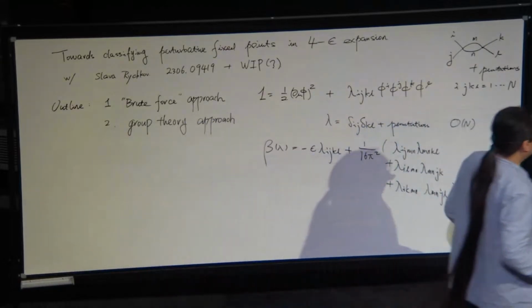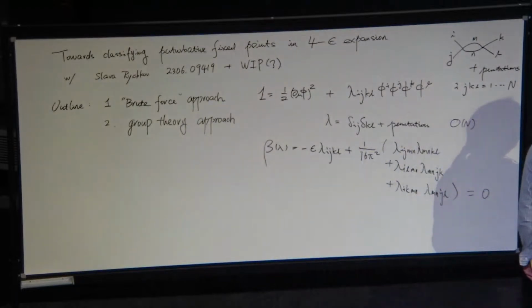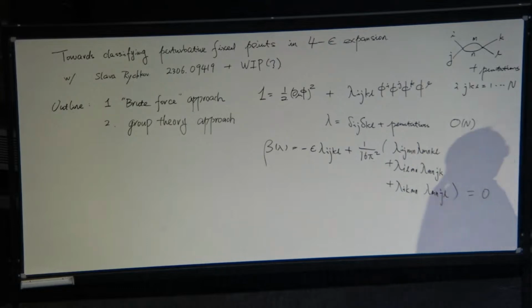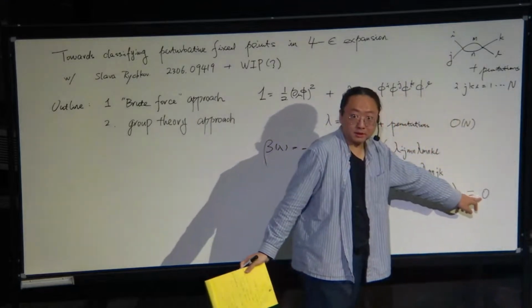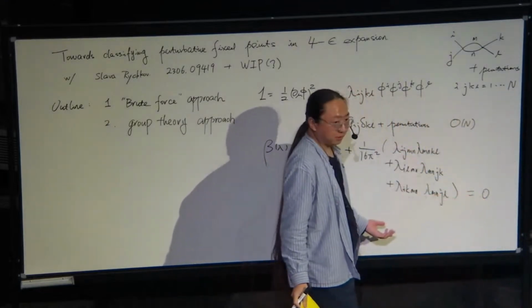Let's see. This equation enjoys a rotation symmetry, right? If you rotate lambda_ijkl to R_ii' R_jj' R_kk' R_ll' lambda_i'j'k'l', then since the right-hand side is 0, this equation is still satisfied.